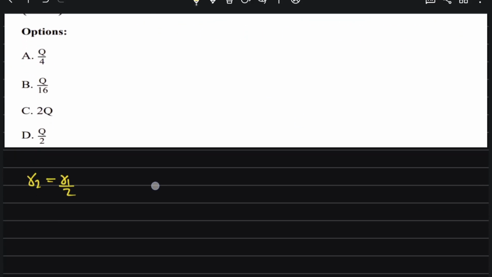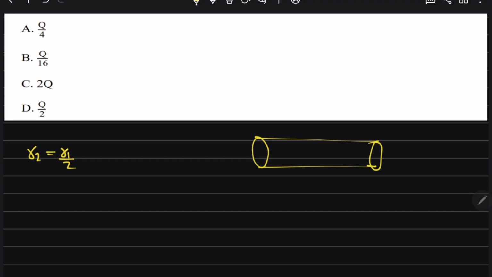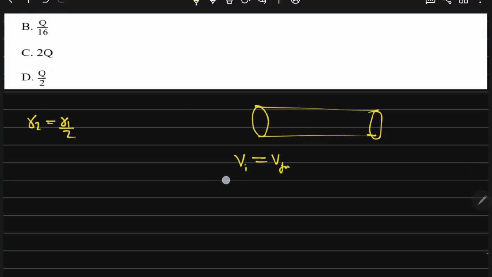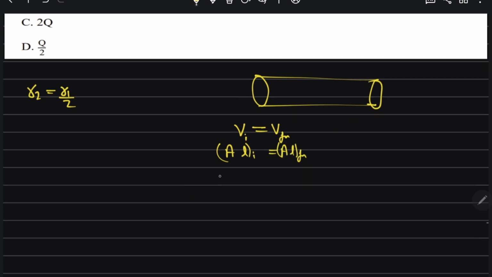So the radius becomes half, and this is our cylinder. If the radius becomes half, definitely the length is also going to change, because we know volume always remains constant, initial and final. So area into length initial is equal to area into length final. So pi r1 square L1 equals pi r2 square L2.